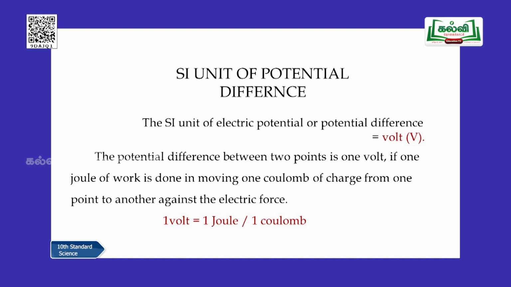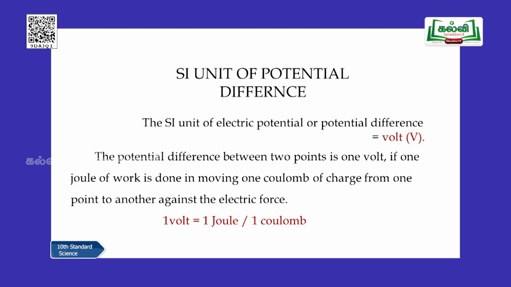You recall the units, children. What is the unit of potential difference? Volt. What is the unit of work done? Yes, it's joule. What is the unit of charge? Yes, it is coulomb. Now we can go to the definition.